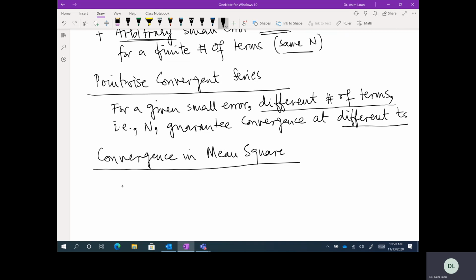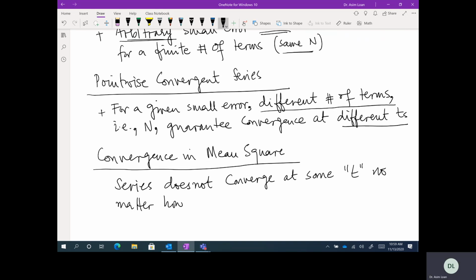This means the series does not converge at some t, at a discontinuity, no matter how large n is.